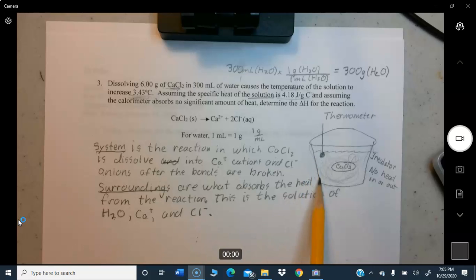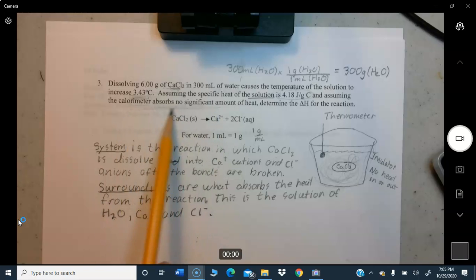We said that none of it is going to go into the cup. That's what the question said. Calorimeter absorbs no significant amount of heat. So all the heat is going to go into the water, the Ca, and the Cl. All right, so that's the surroundings.